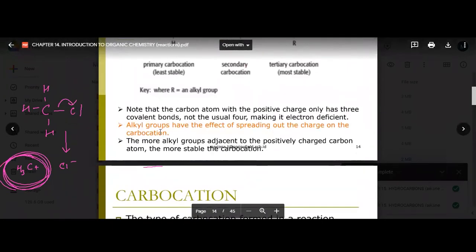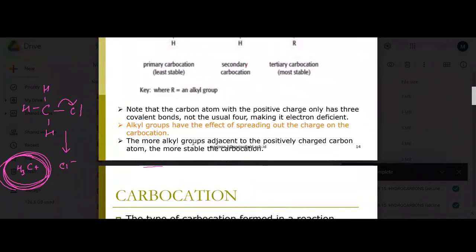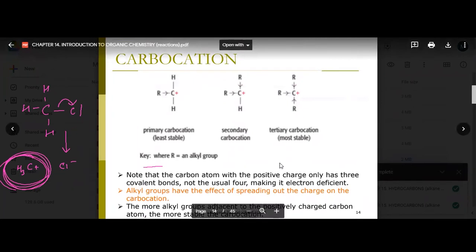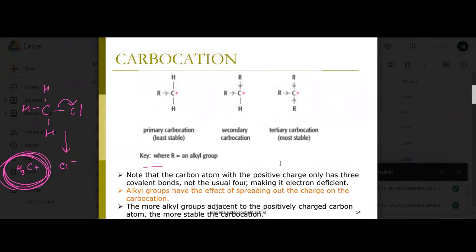Okay, you can see the orange statement here. Alkyl group. Our R group is an alkyl group. The alkyl group has the effect of spreading out the charge on the carbocation. The more alkyl groups adjacent to the positively charged carbon atom, the more stable the carbocation. So, R is an electron donating group. That means this group will tend to push electrons to the adjacent atom.